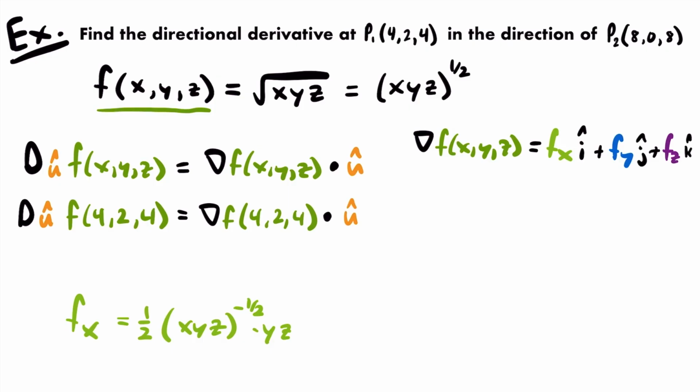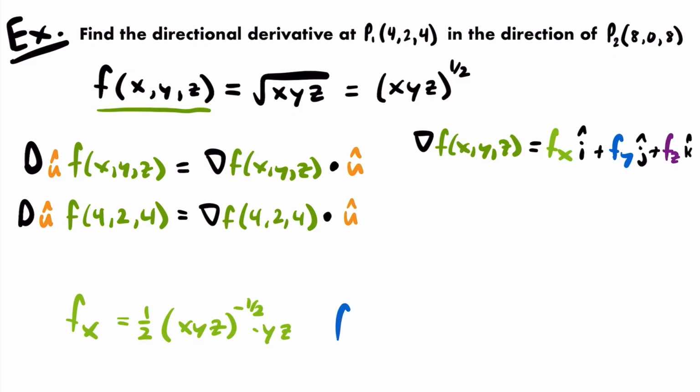That would complete our partial derivative with respect to x, and we can simplify that later, but I want to first find the partial derivatives with respect to y and z, which are actually very similar to this partial derivative, because y and z are also inside that square root function. So in each case we're going to use the chain rule. The only thing that's going to be different is the derivative of the inside function.